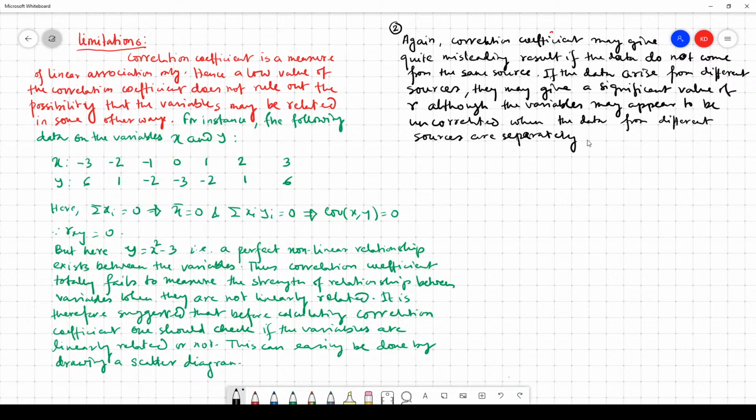The following figure explains the situation.